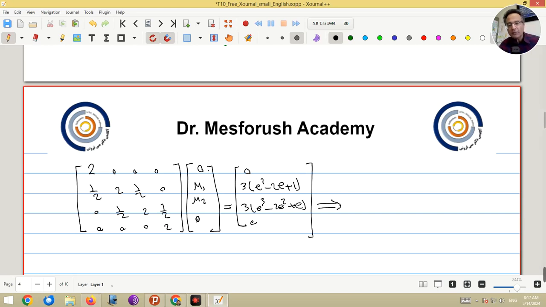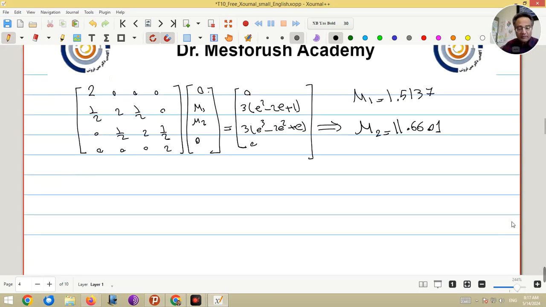If you solve this equation, you can find m1 equal to 1.5137 and m2 equal to 11.6601. Now, you have to put these numbers in S_j.